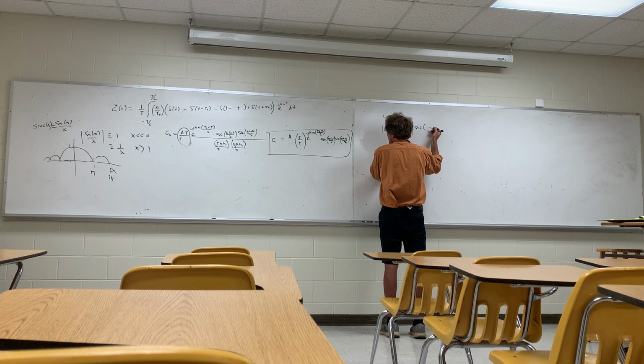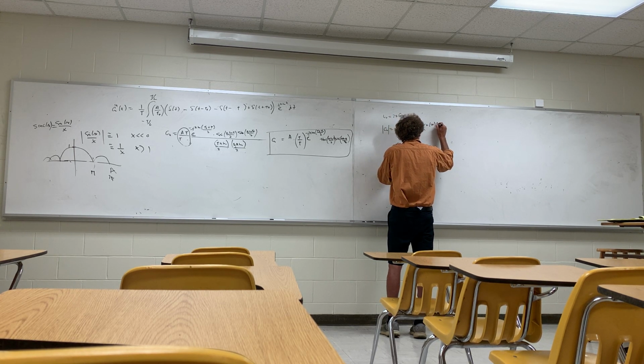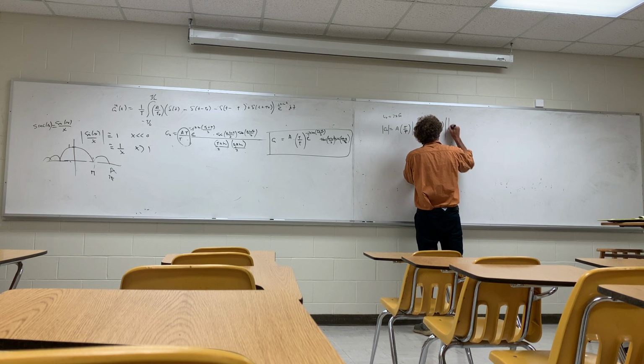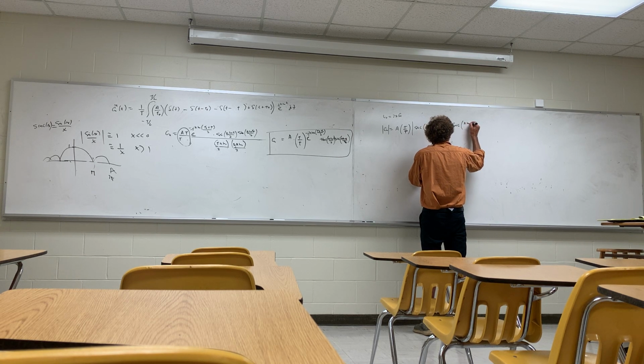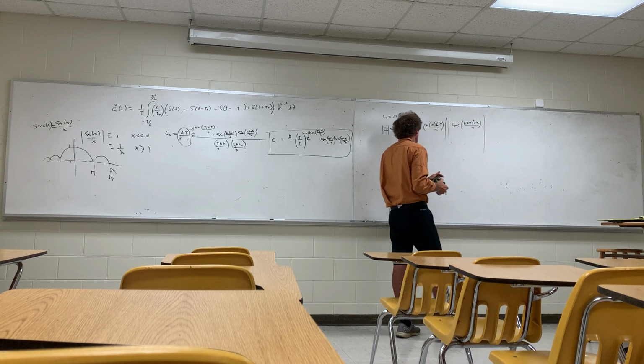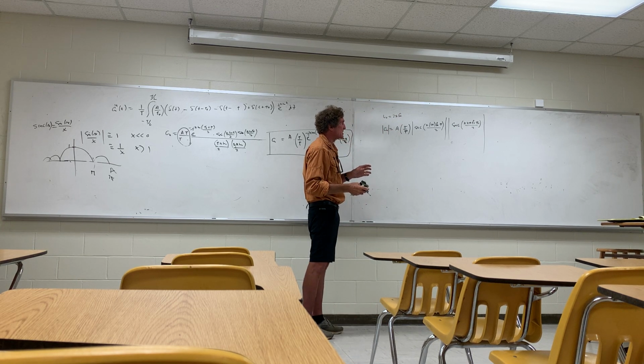Now it's n omega naught tau over 2, so I really have n times omega naught, which is 2 pi times f naught, times tau over 2. Then it's times the magnitude of the sinc function of n times 2 pi f naught tau rise over 2. I'm just showing you the magnitude of this before I plot it.